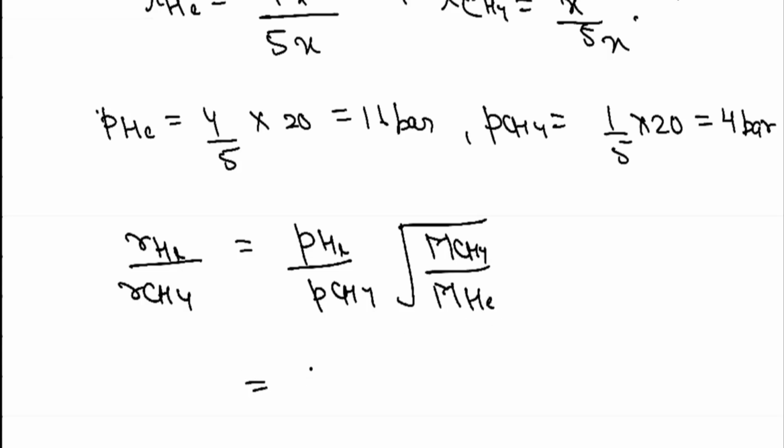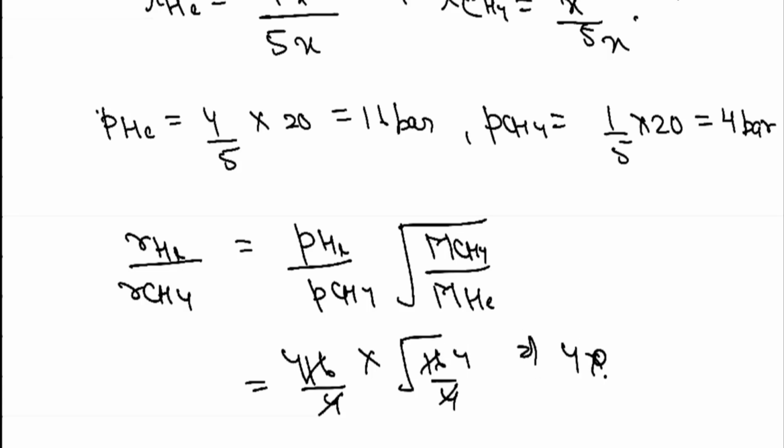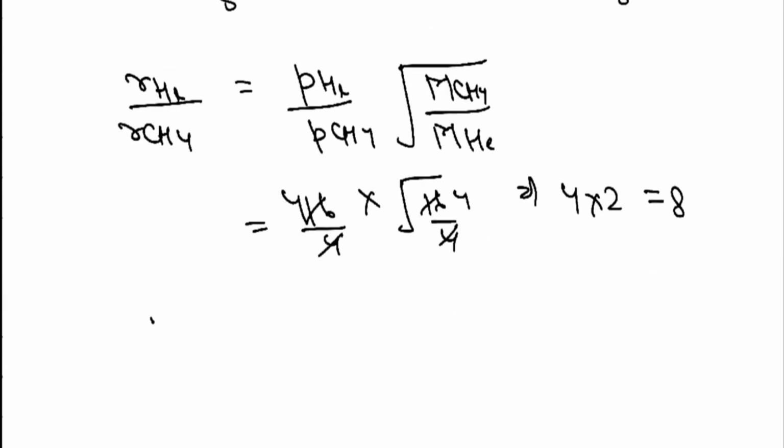And this should be equal to how much? 16 by 4 into 16 by 4. So this gets cancelled, and root 4 is 2, so 4 into 2 is equal to 8. So the ratio R helium to R CH4 is equal to 8:1, right?